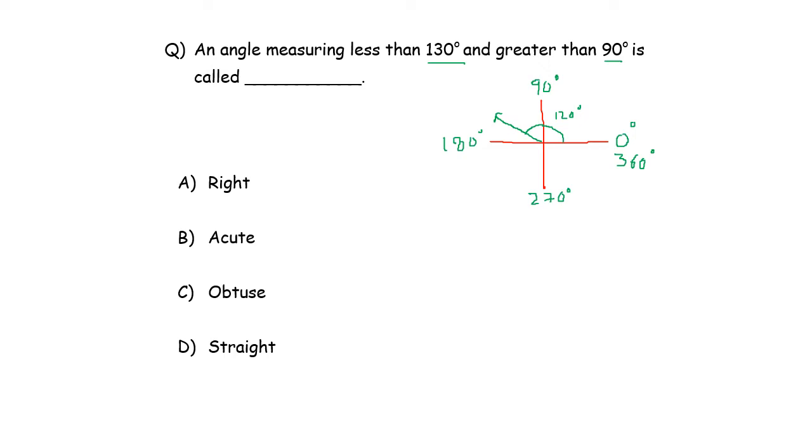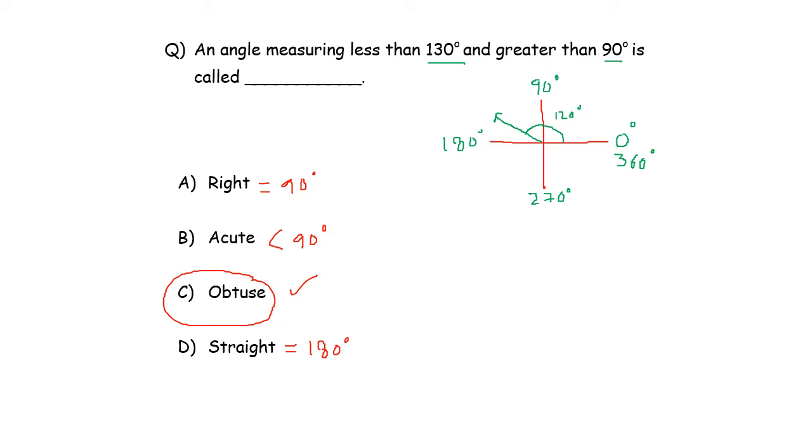So what type of angle is it? I hope you have already guessed it. This is an obtuse angle. So this is the correct answer, because a right angle will be exactly at 90 degrees, an acute angle will be less than 90 degrees, a straight angle will be exactly at 180 degrees. This is the obtuse angle, which is less than 180 but more than 90.